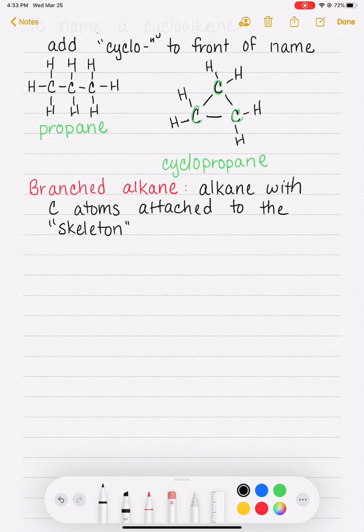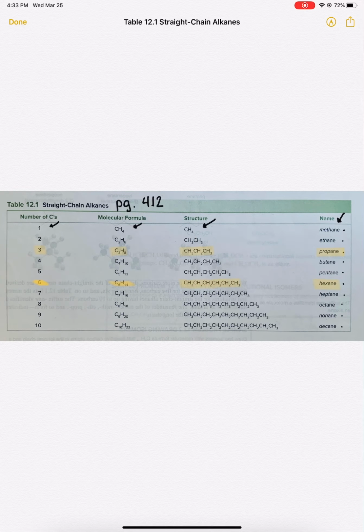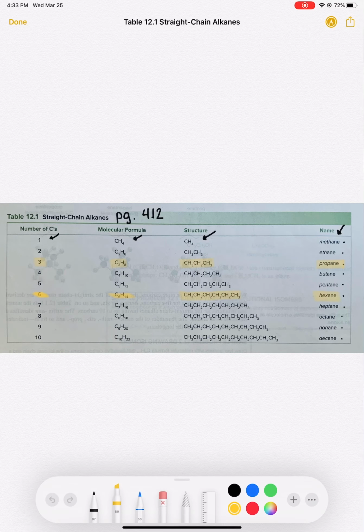So what I'm going to do is switch to line notation because I know you guys are ready for this. I'm going to draw an alkane that has 1, 2, 3, 4, 5 carbons. So we could name it if we wanted to. We could go back to that table and find our 5-carbon alkane.